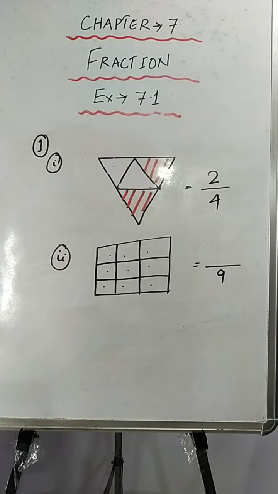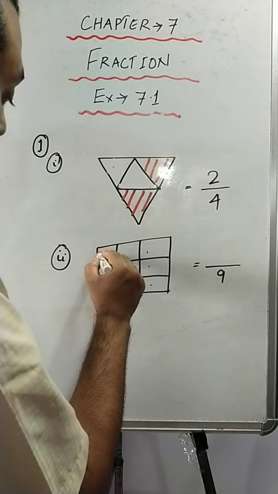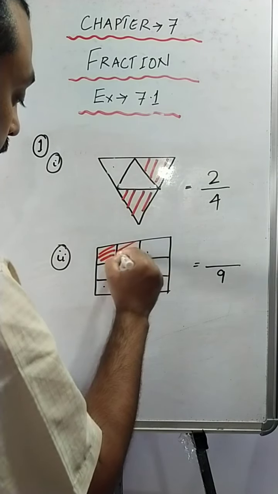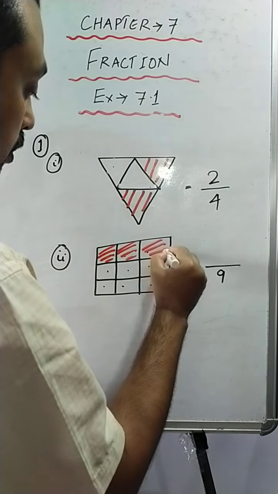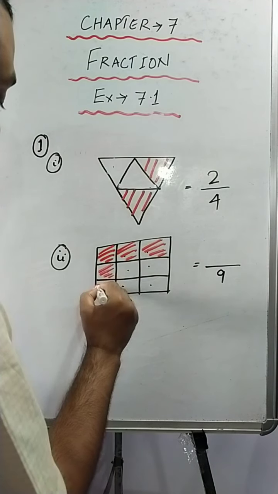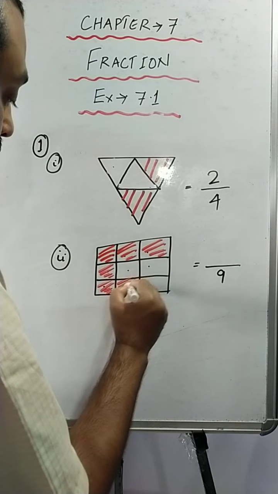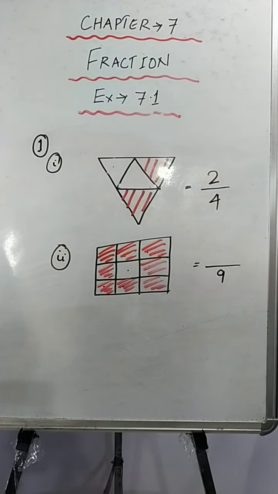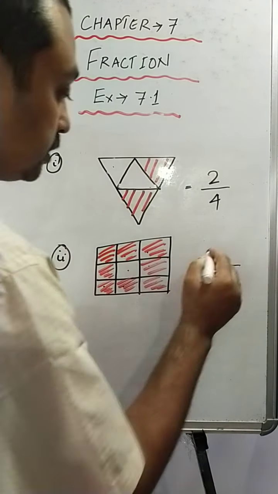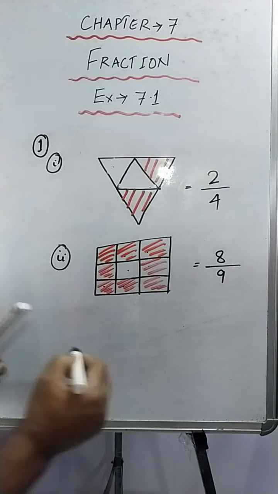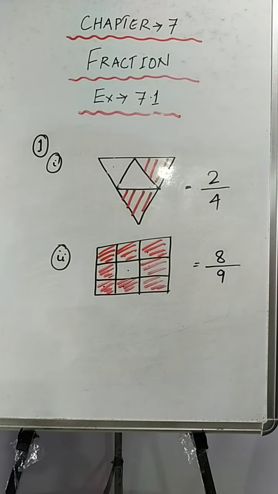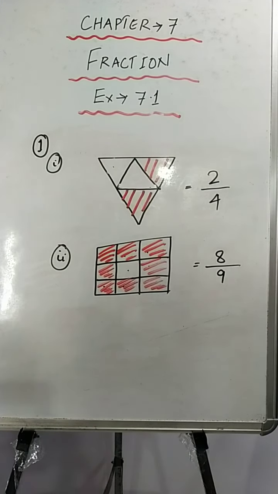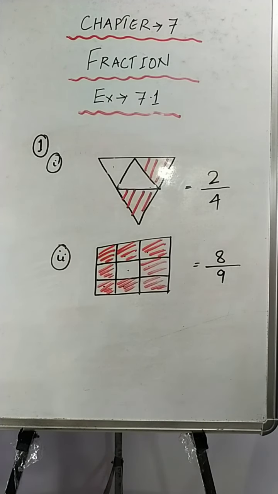Now out of the total number of divisions, how many parts are shaded? 1, 2, 3, 4, 5, 6, 7 and 8. So 8 parts are shaded. So what is the required fraction then? 8 by 9. As easy as this. Similarly you will do all the rest of the sums, students. Now let's move on to sum number 2.